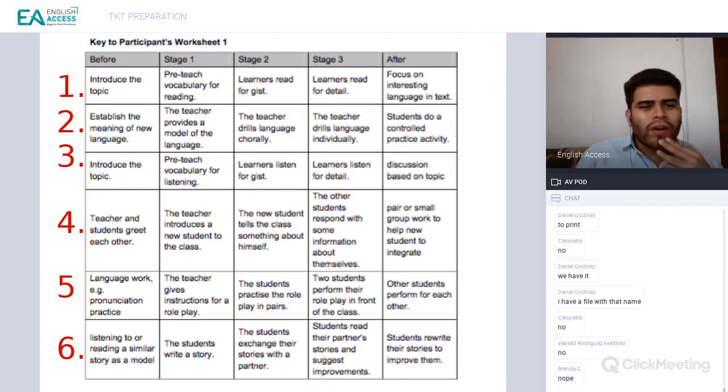Okay, number 1: introduce the topic, pre-teach vocabulary for reading, learners read for gist, learners read for detail. Focus on interesting language in text. Now, in what type of class can I use this or these stages?